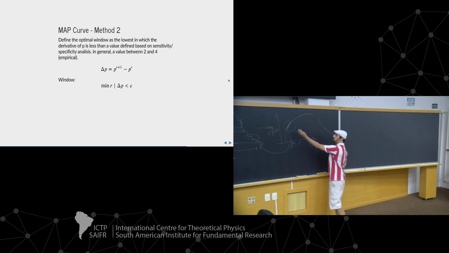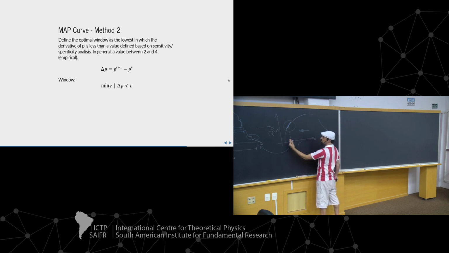Remember, the slope is always decreasing. So when I define a threshold based on an upper limit for my slope, I'm moving to the left in window size, because as I lower my window size, I increase my slope.